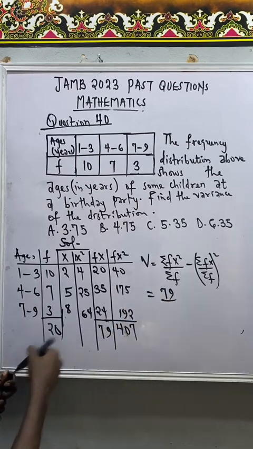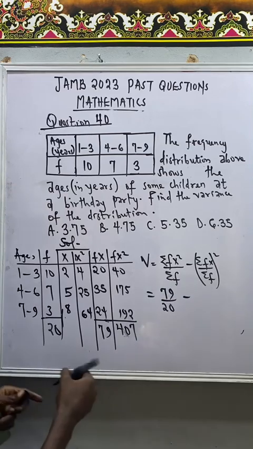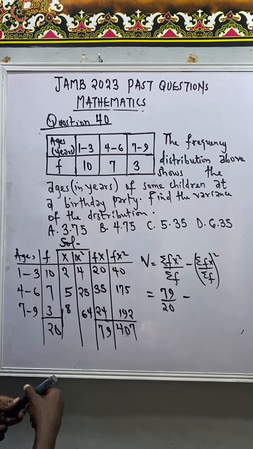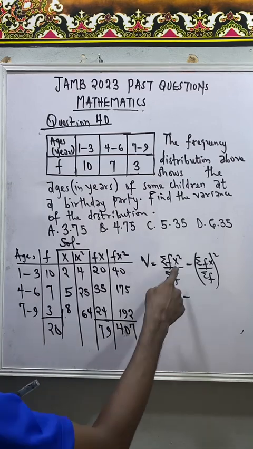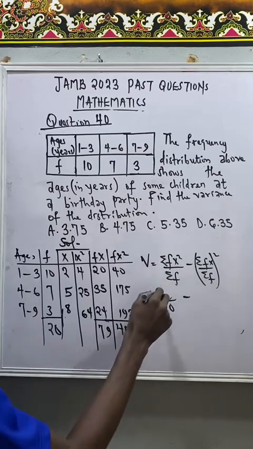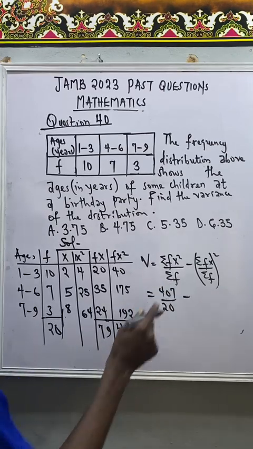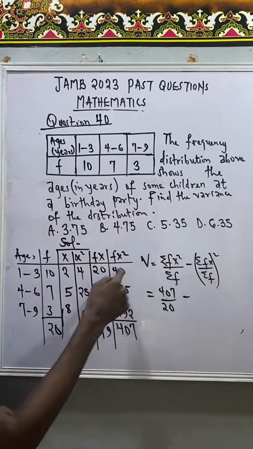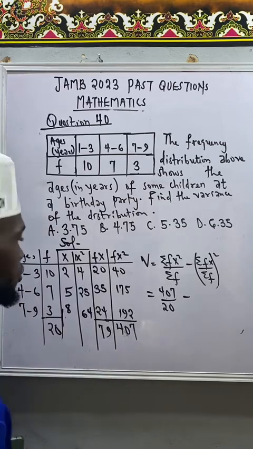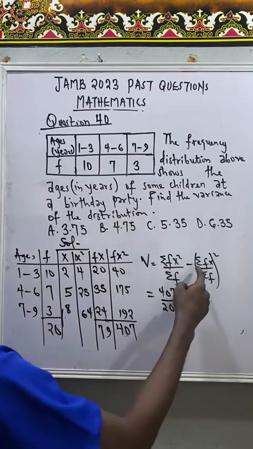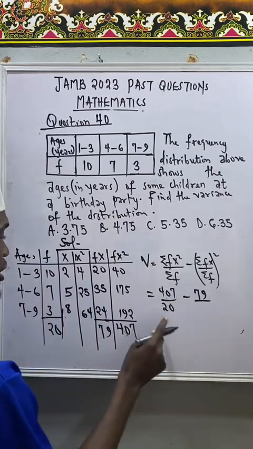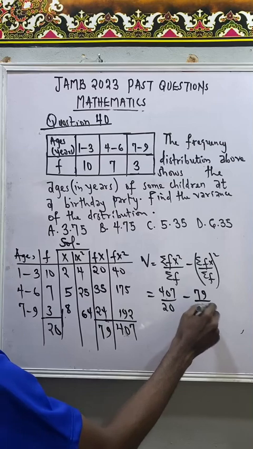Then summation f from the board, that's 20, minus summation fx, which is 79, divided by summation f, which is 20 also.